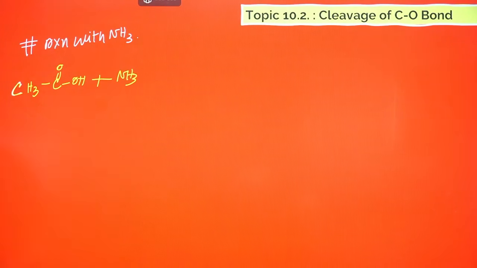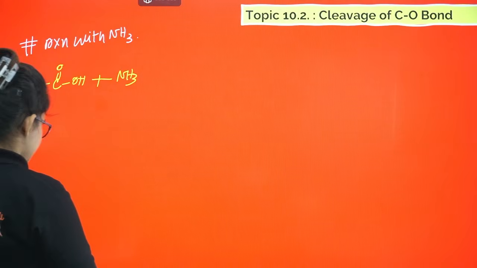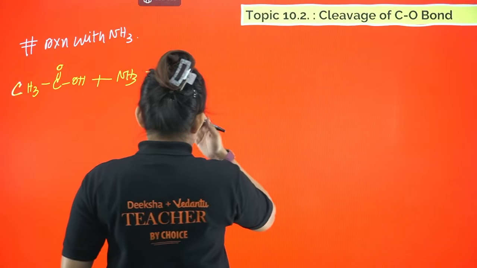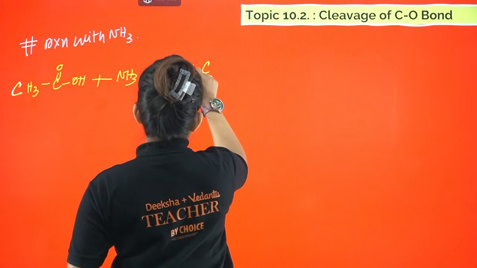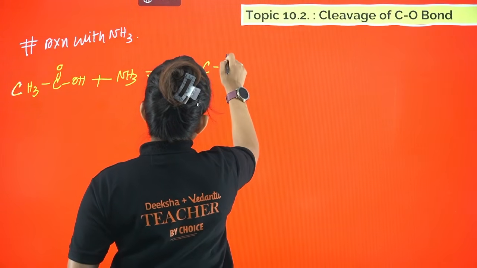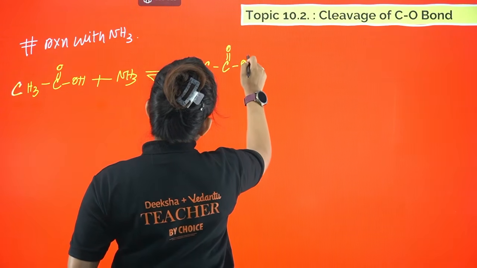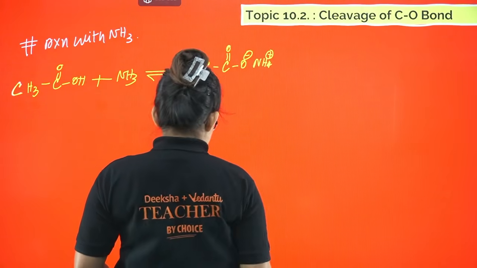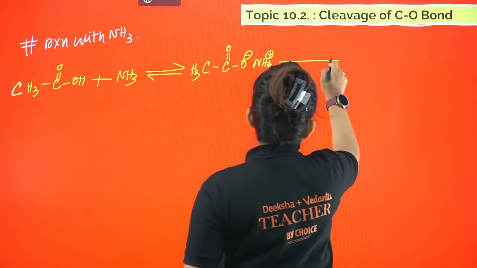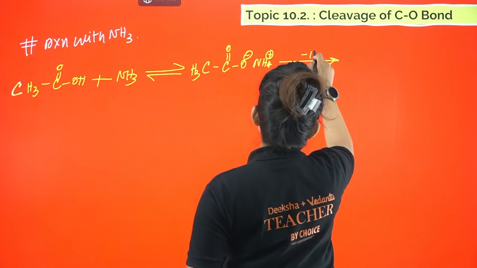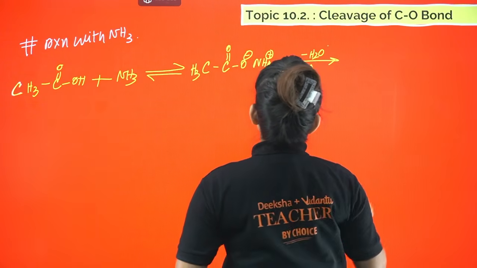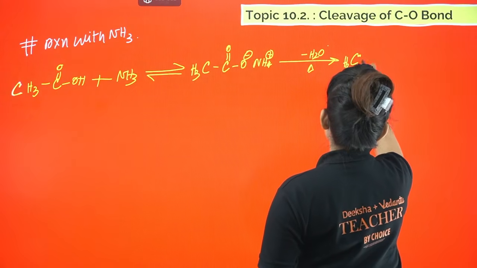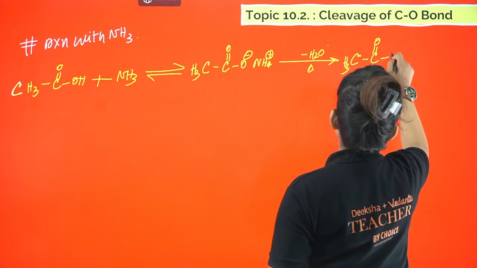It will give you the ammonium salt at first, CH3COO minus NH4 plus. On being further heated, it will release one unit of water and you will end up with the amide compound, that is CH3CONH2.